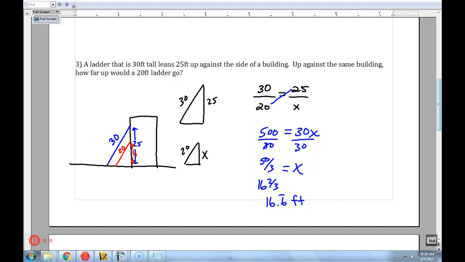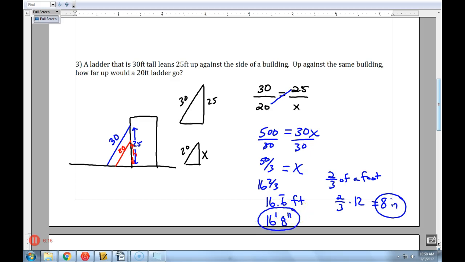Now, if I wanted inches, 2/3 of a foot, well, that's 2/3 of 12, because there's 12 inches in a foot, and that would come out to be 8 inches. So the final answer in inches would be 16 feet, 8 inches.